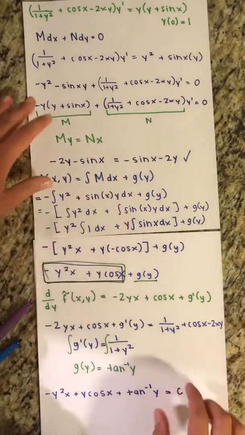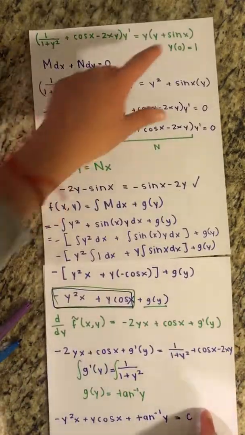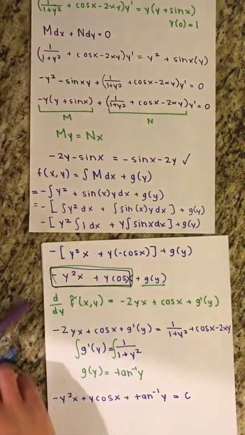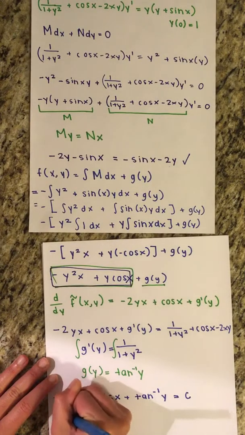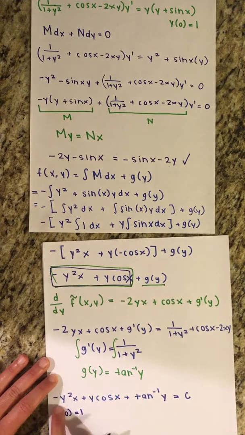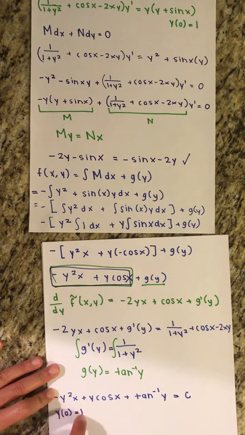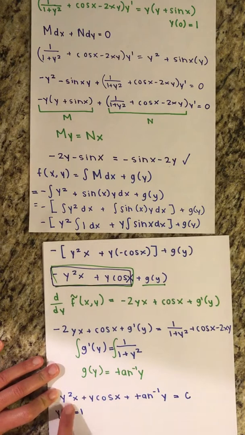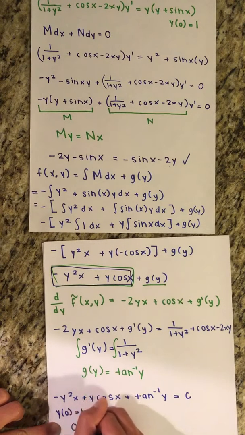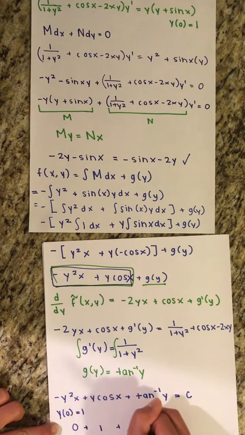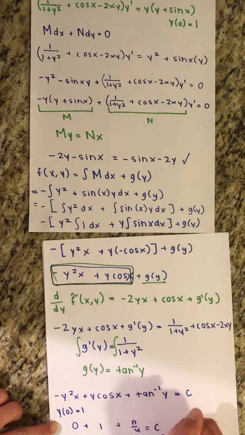And then initially, you can see that they gave us the condition, so you just want to plug that in. So when you plug in all the y's as 1 and all the x's as 0, you get 0 plus 1 plus pi over 4 equals c.